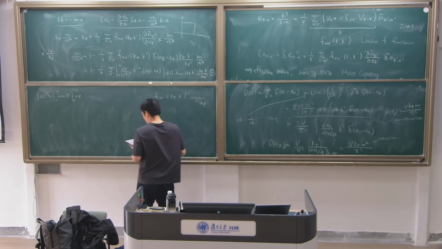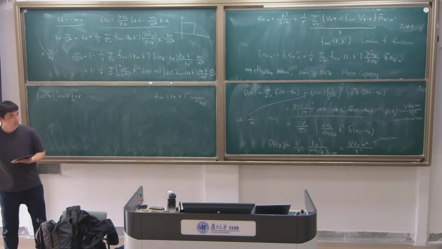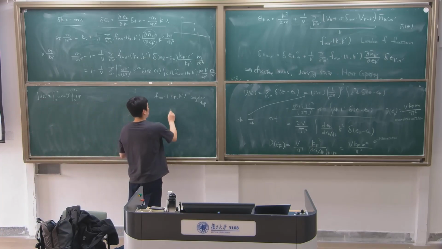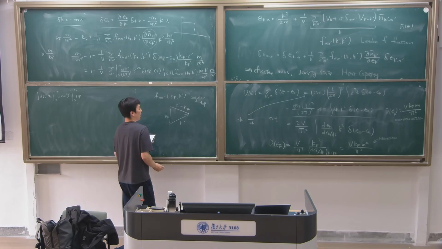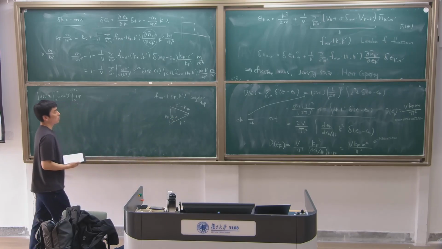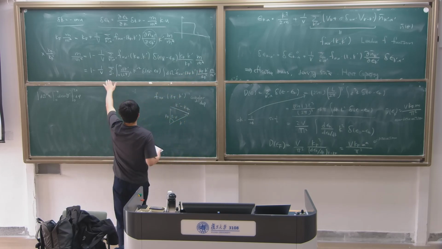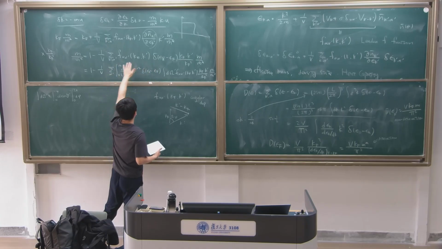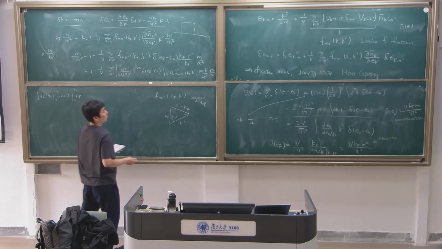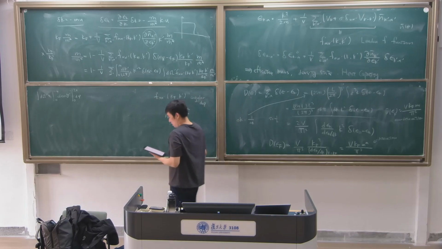And also f of k, k prime also has only angular dependence. So what we have is a here, a prime here, and then you have a k prime of k f, which only depends on the state at the Fermi point. So those functions only depend on angular momentum, so you can perform the radial direction integration and replace it by this density of states.